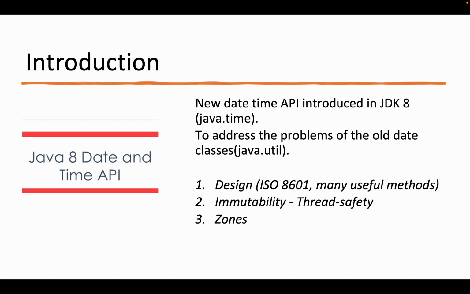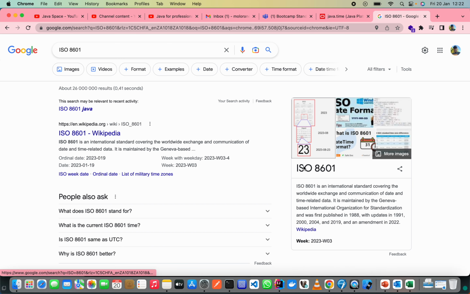So what is it that you find in this new Date API that we can say is really important? The first thing we see is the design of it. I mean, these classes are designed with ISO 8601 in mind. That means they are coded with standardization in mind, because if we do a quick Google search, you will see that it's actually an international standard covering the worldwide exchange and communication of date and time-related data.